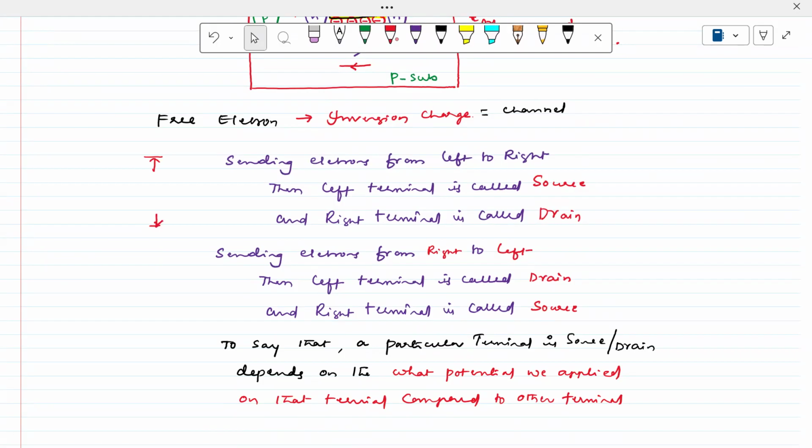If you choose this option, that means you would like to send the carriers from the left side to the right side. Carriers are moving from the left side to the right side. Then what is the direction of the current?